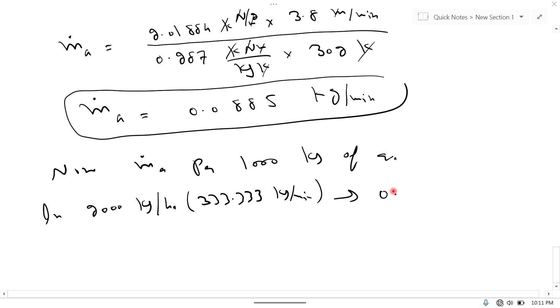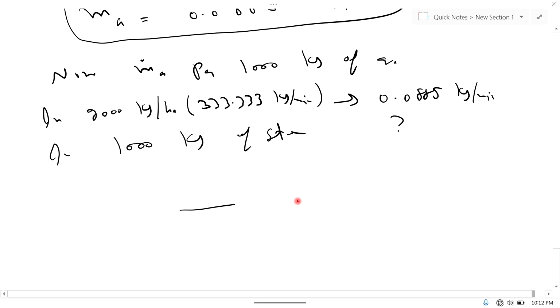This is 0.0885 kilogram per minute. So per 1000 kilogram of steam, m dot is equal to 3.333 kilogram per minute.